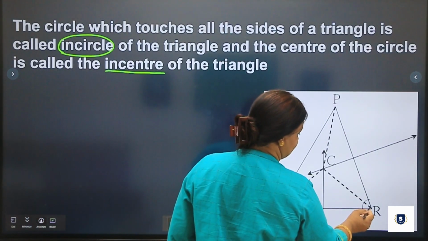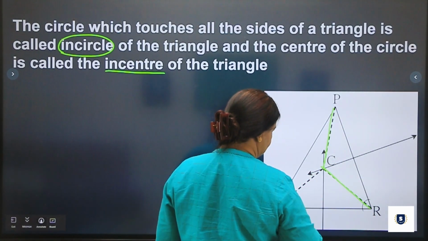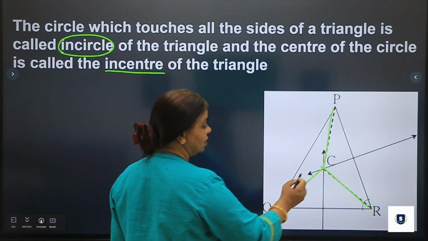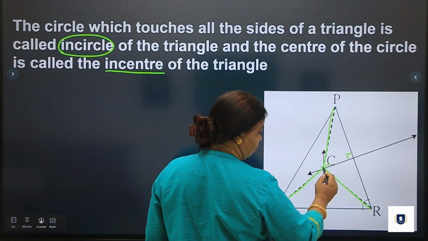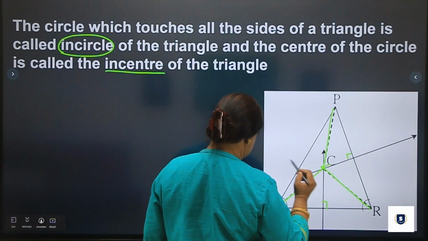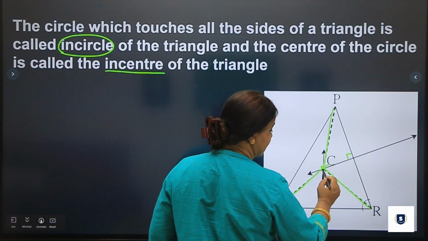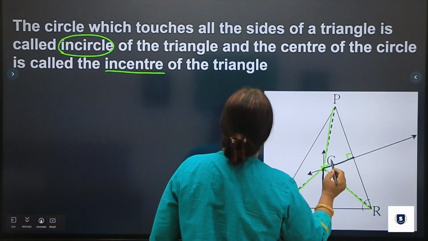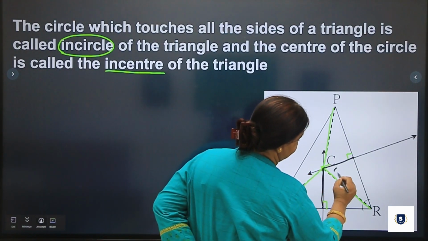Suppose this is an angle bisector, this is an angle bisector, this is an angle bisector, and from here you draw a perpendicular; the point where these perpendiculars meet is the point of concurrence.